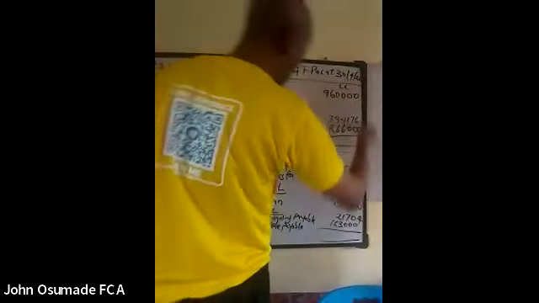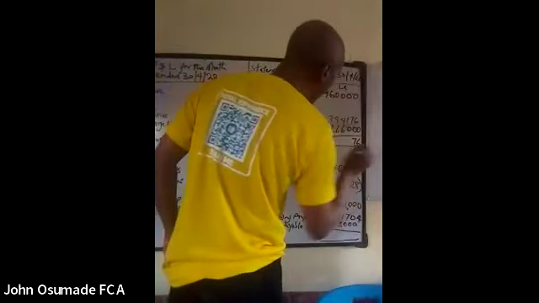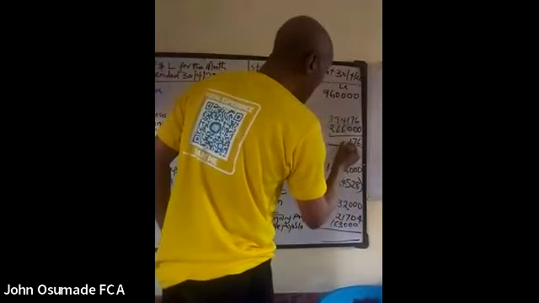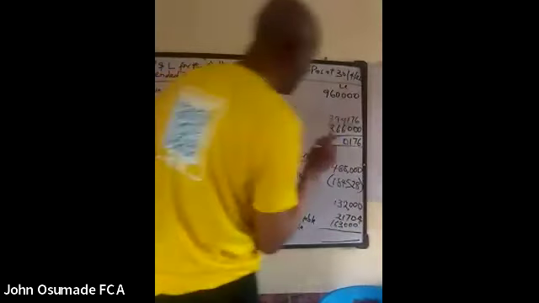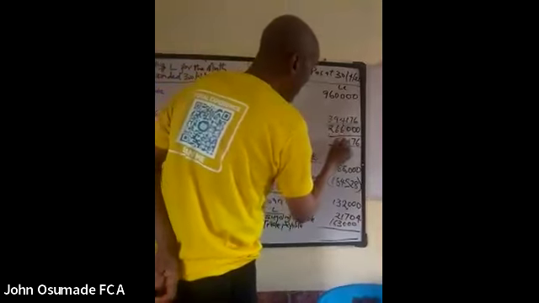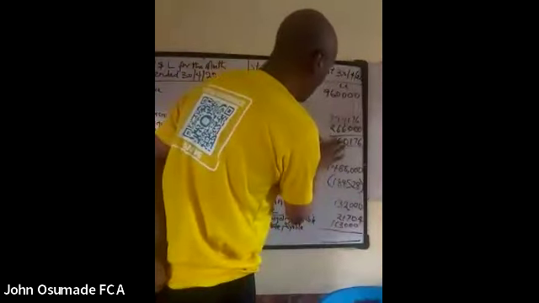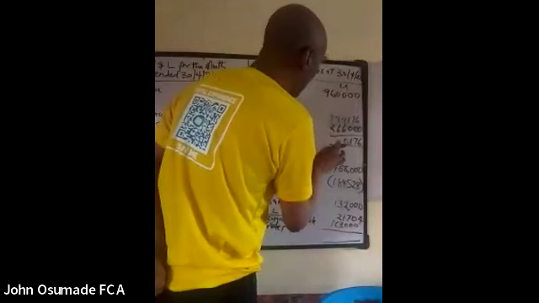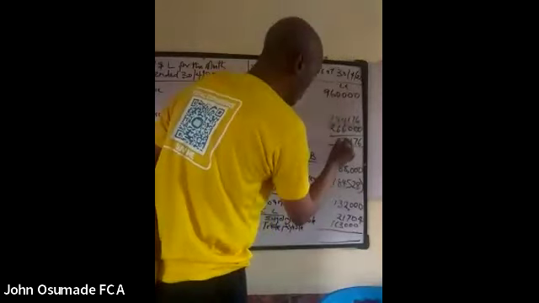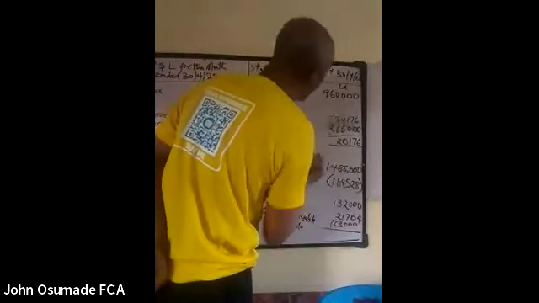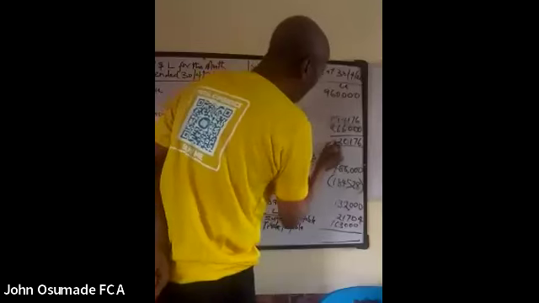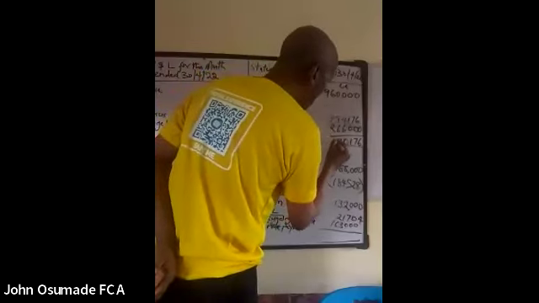So what goes on here? I have 6, 7, 1, 10, 0, carry 1, 15, 16, carry 1, 16, 22, carry 2, 14 plus 4.